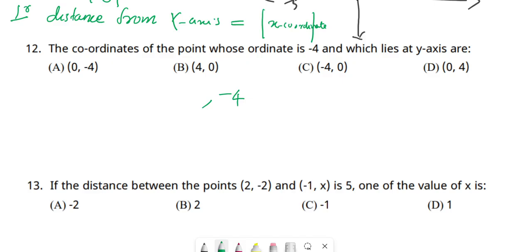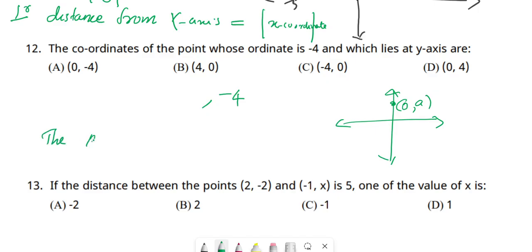The y coordinate is -4 and it lies on the y axis.